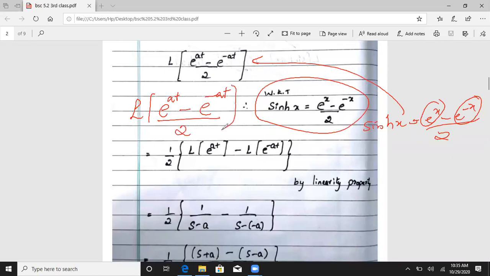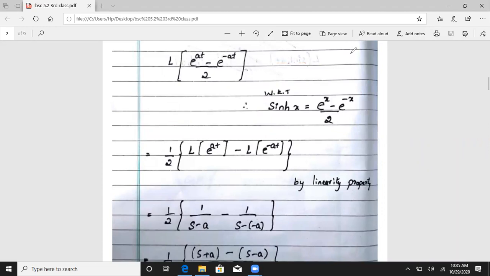I hope you guys understand this one. Next, the denominator 2 I can write outside, that is 1 by 2, then the Laplace transformation of the first function minus the Laplace transformation of the second function. You guys know already, this is my linearity property.